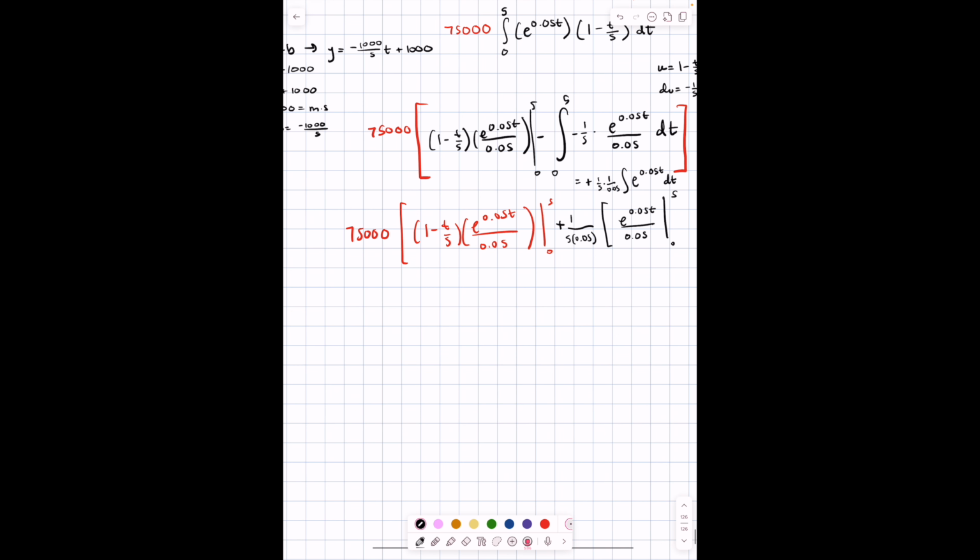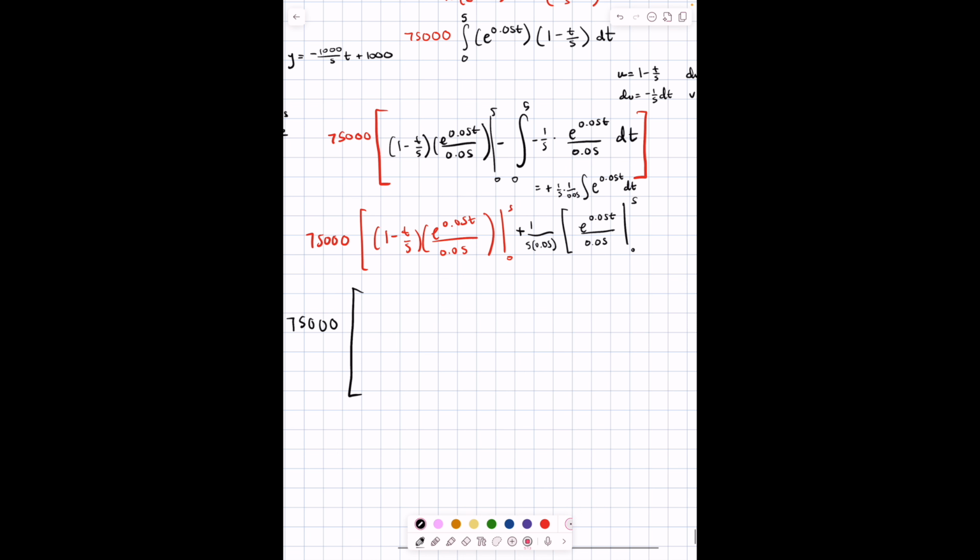Now it's sort of easier because of this, and then I'll just write it. 1 minus 5 over 5 times e to the power 0.05 times 5 over 0.05, plus 1 over 5 times 0.05 times e to the 0.05 times 5 over 0.05.